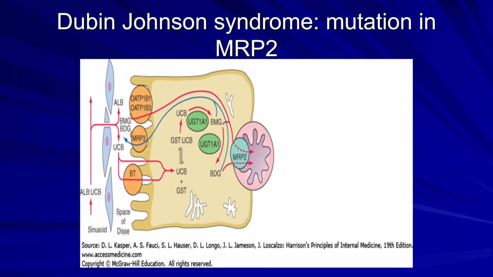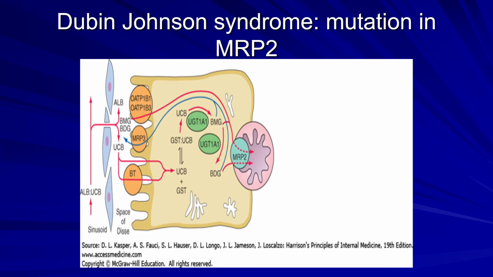This slide, which I have taken from Harrison, shows the carrier of conjugated bilirubin across the canalicular membrane of hepatocytes. This carrier is called MRP2. This MRP2 is mutated, is defective in patients with Dubin-Johnson syndrome.